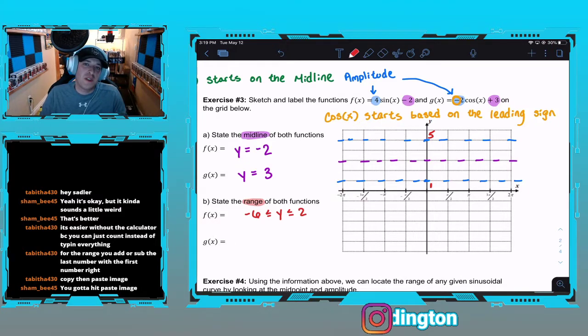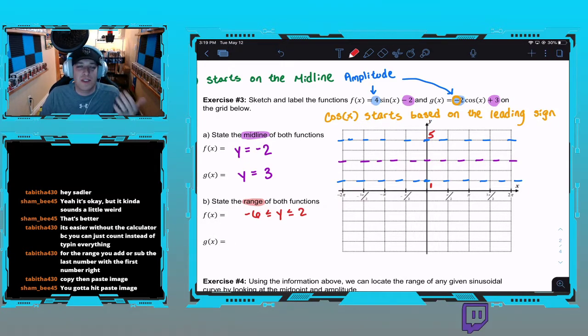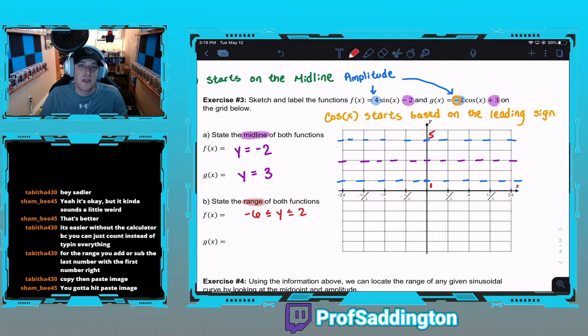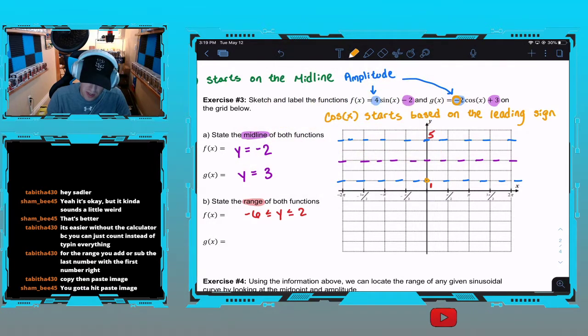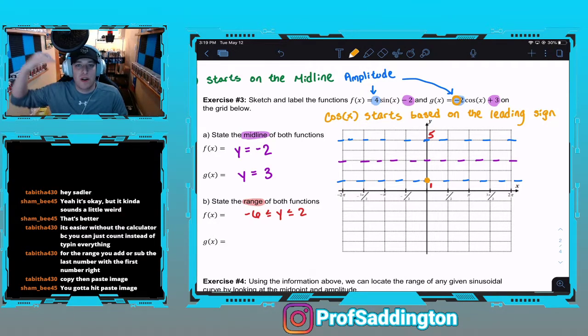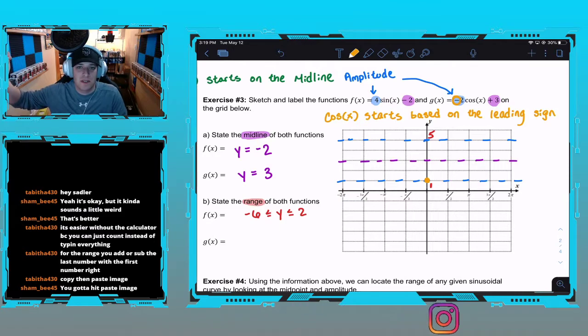So what that really means is you're going to start at the smaller number. Because it's at -2, or since the leading sign is negative, we're going to start at the bottom. If it was a +2, we would start up top by where that 5 is.